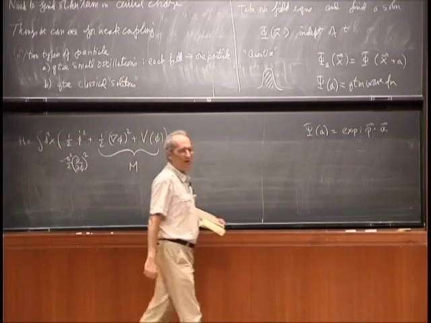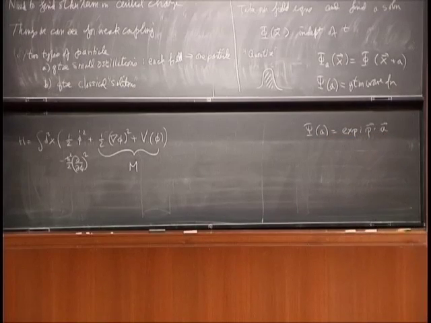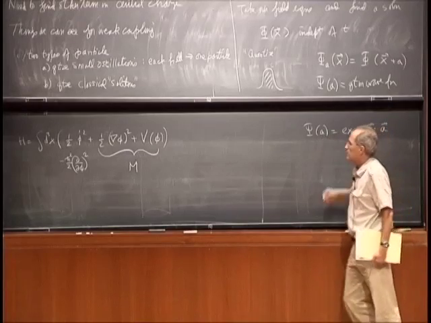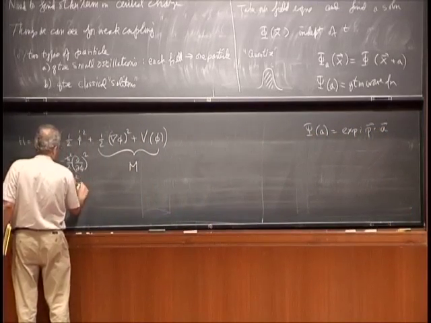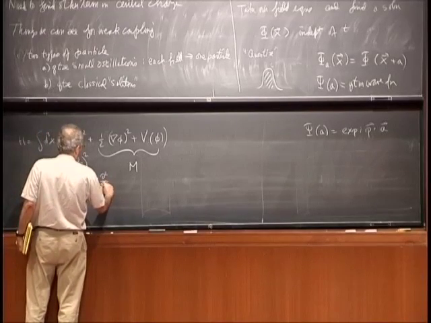And d by d phi acts on all the field variables that the solution can depend on. But the important ones for studying the system near its ground state are those classical variables that don't contribute much to the energy. And the really important ones are the zero modes, a. So this here is going to become something times d squared by da squared.